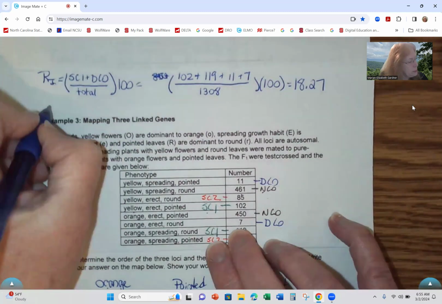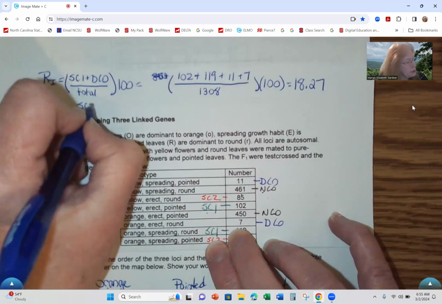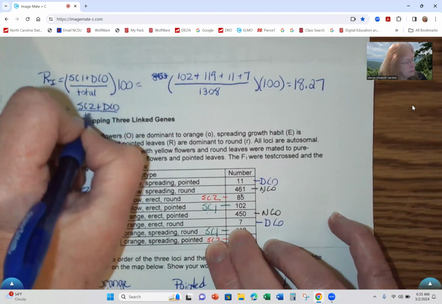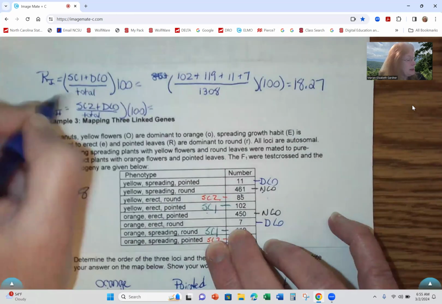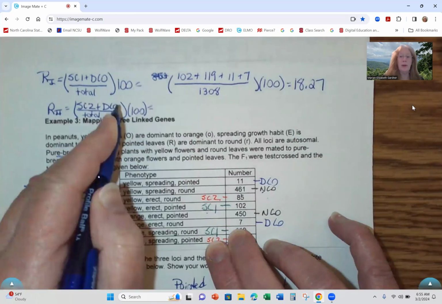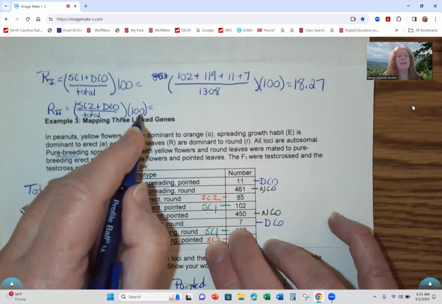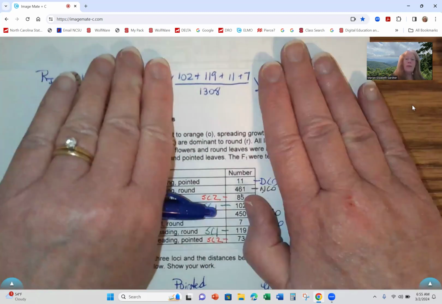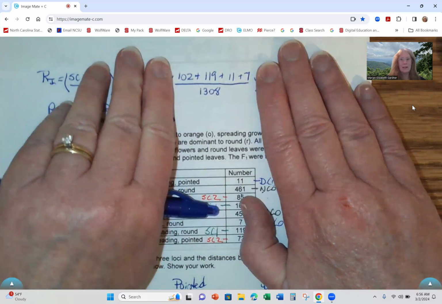For region 2, I've got SC2s plus doubles. Multiply times 100. The multiplying times 100 puts it into percentage units because remember, the map distance is the percent of crossing over. Just this part without the multiplying times 100 is the frequency of crossing over.